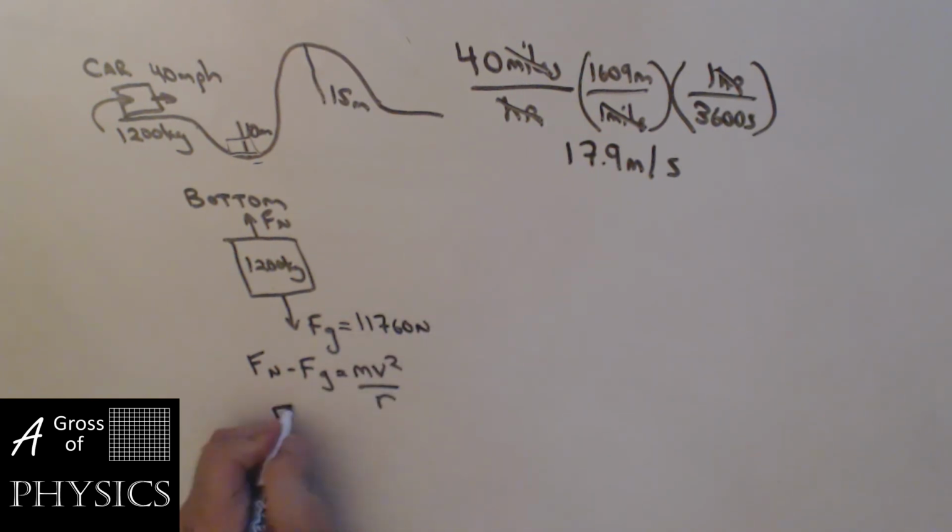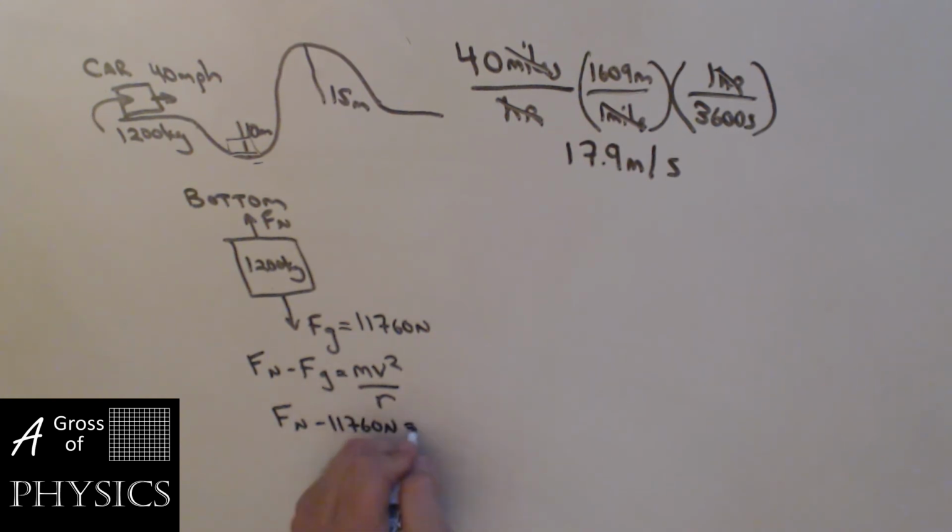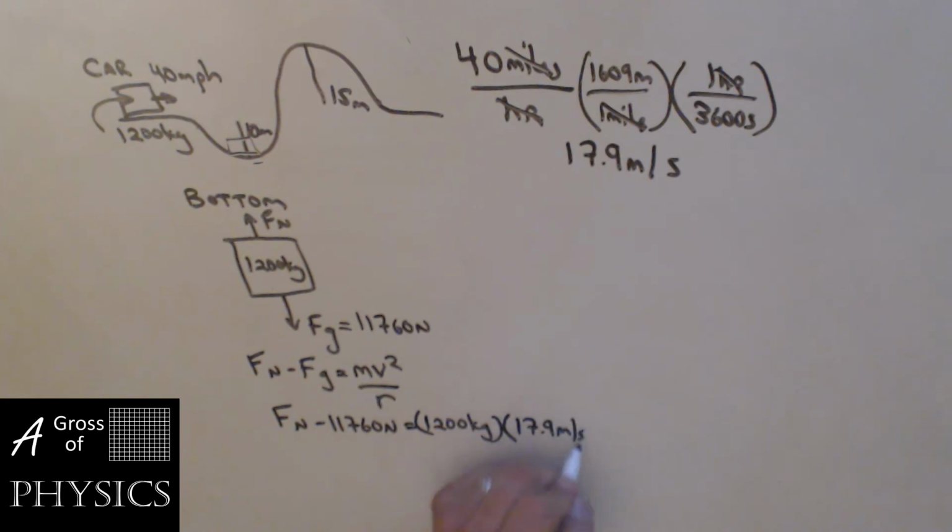So you have Fn minus 11,760 equals, mass is 1,200, the velocity is 17.9 meters per second, quantity squared, and then we divide that by the radius, which is, for the first hill, 10 meters.